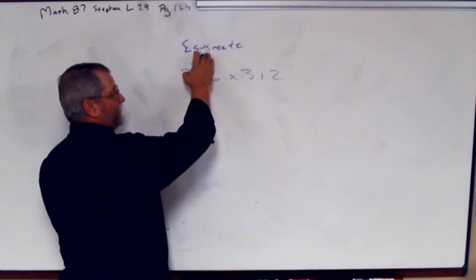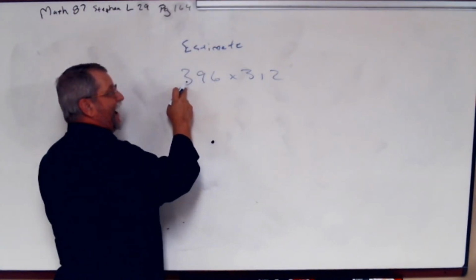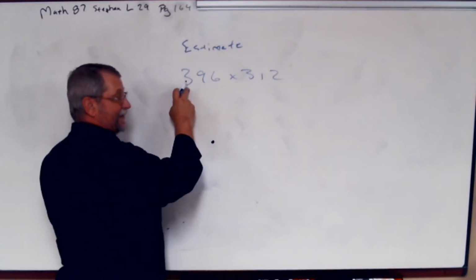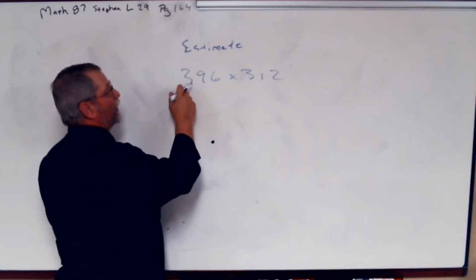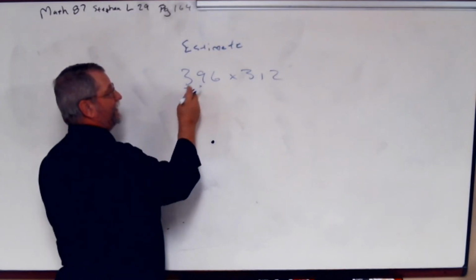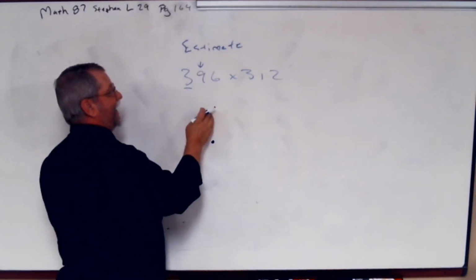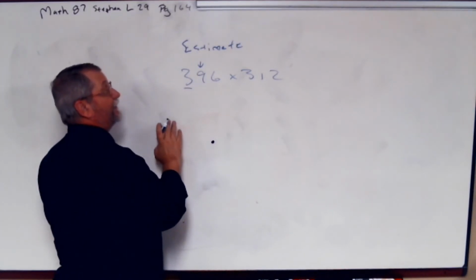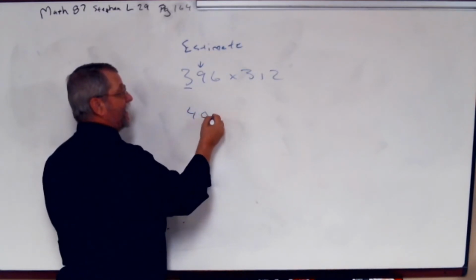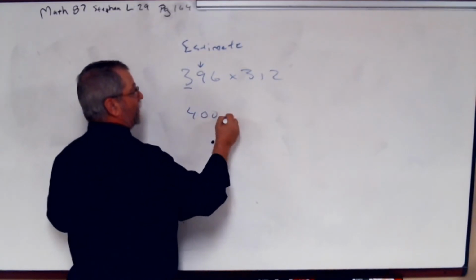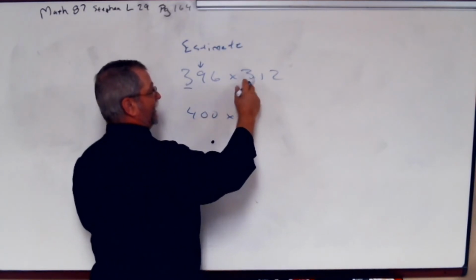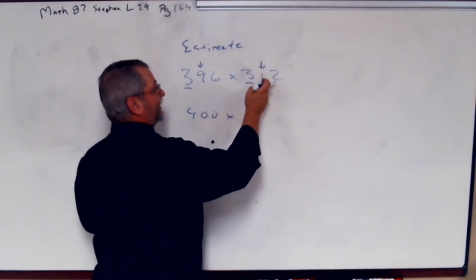It says estimate. I'm always going to go to the highest place value I have. Unless it says something different, I'm going to go here. This is a 3 in the hundreds place. That's a 9. What's going to happen to that 3? It's going to become a 4. And that's zeros. Right here, same thing. I want it in the hundreds place. That's a 1.